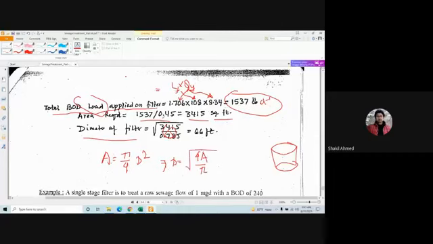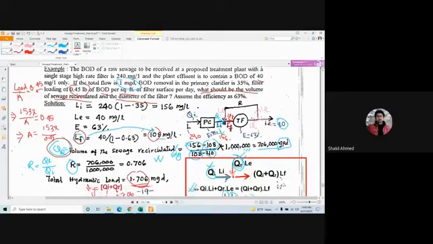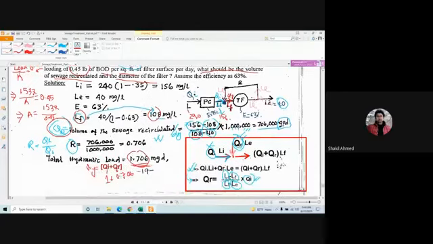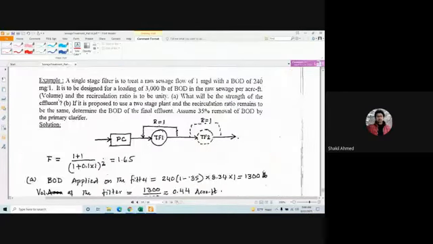And this is actually the same thing, by the way. So area you have calculated. What is the area? Area is this. So from there you calculate diameter. Done. You'll get this 66 feet. Okay. Clear? Yes, sir. Any questions? No questions. Okay.